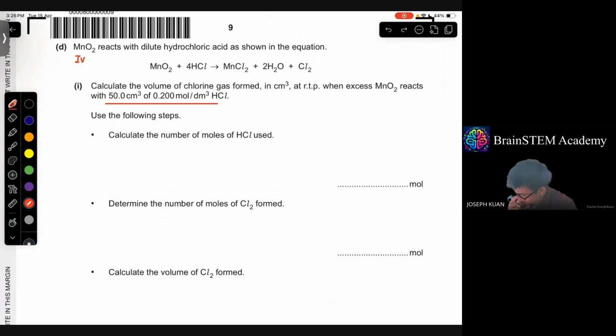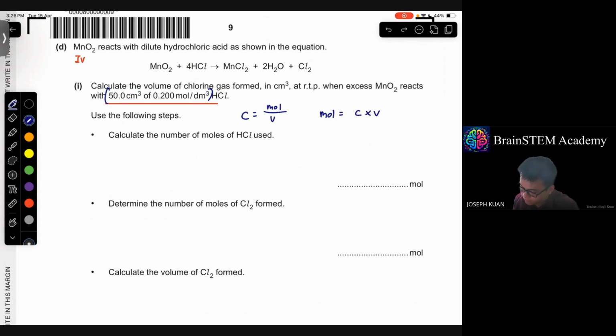Now, for this one, we need to use the given value, which is to use the formula concentration is mole over volume. Then we simply have to readjust the subject. Mole is concentration times volume. Before we can do that, we must make sure that our units are the same, because you can't cancel the units if they're not the same.